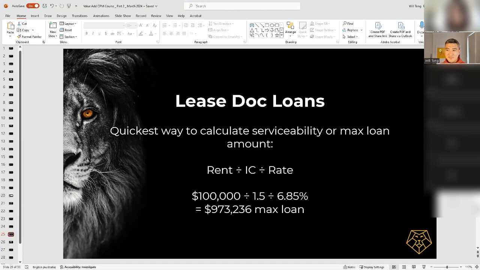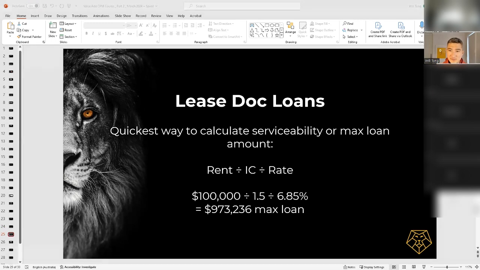You divide that by 1.5, which is the income coverage required by the lender. Some lenders are 1.3, some are 1.5, I think some are 1.7, depending on who you go to, but on average 1.5. And you divide it by the interest rate. At the moment, it's roughly about 6.85 or 7%, if you will. And that equals $973,000. So that's the maximum loan amount that you can get for this property that's paying you this amount of rent.